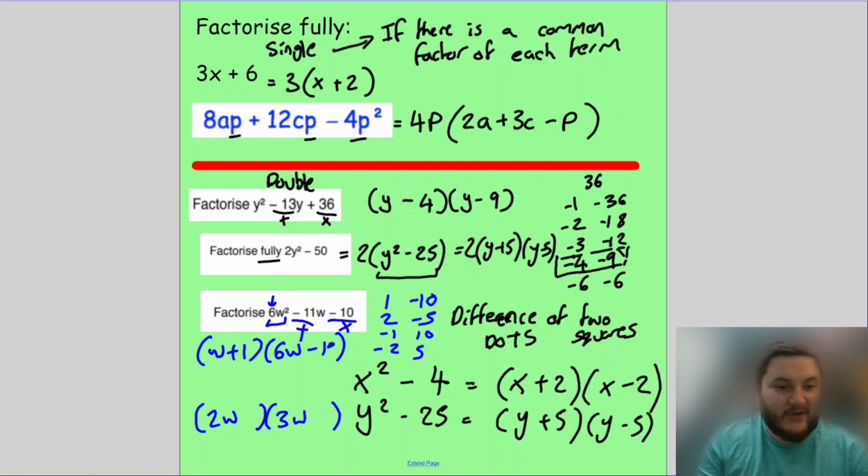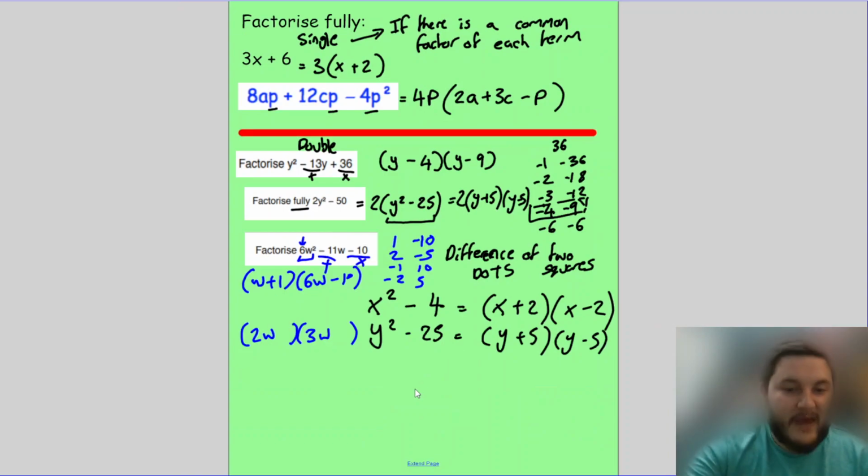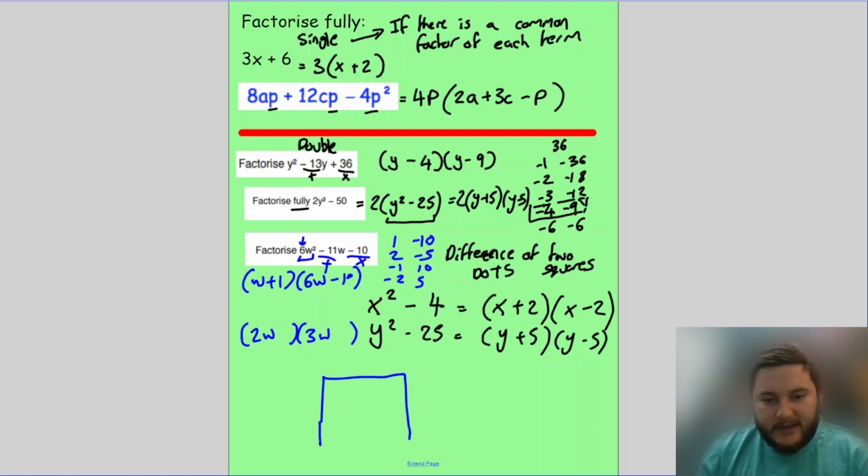Right? This is not the answer, but let's say it was. If I was to expand these brackets, and you can use grid method, or you can use the FOIL method, as it's sometimes referred to, I'll do the full working out just so you can see the point that I'm trying to make here.